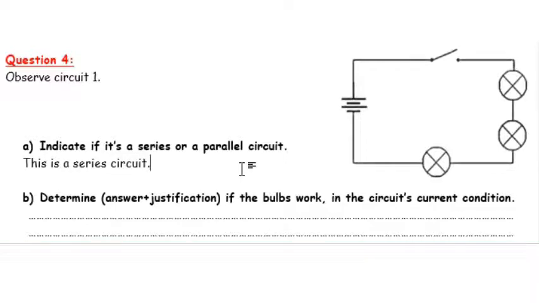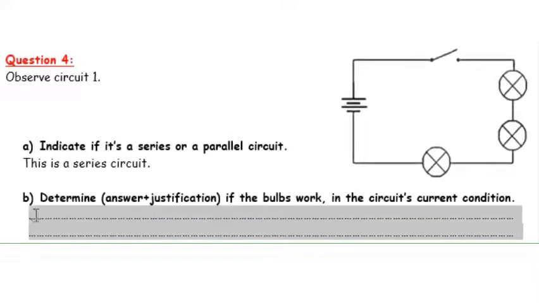Determine if the bulbs work in the circuit's current condition. What is the circuit's current condition? The switch is open. There is a gap in the circuit, so the electrons aren't able to move through this circuit. There is a gap, and electricity isn't flowing through the circuit. So the bulbs will not work. They are all off.